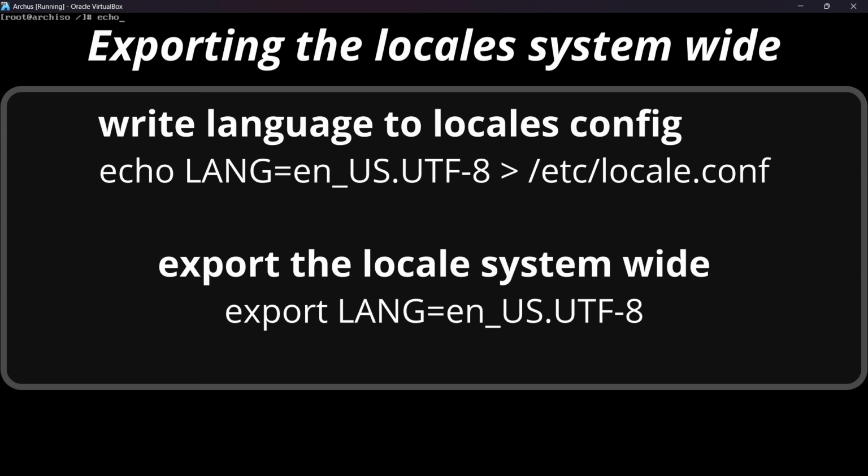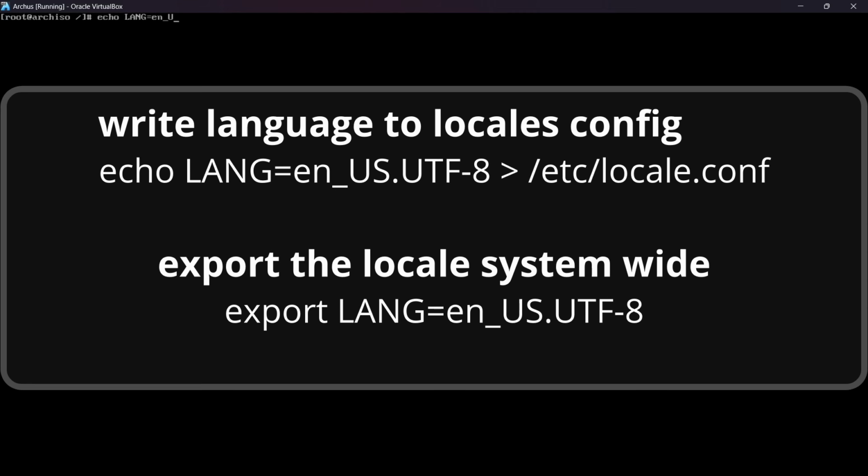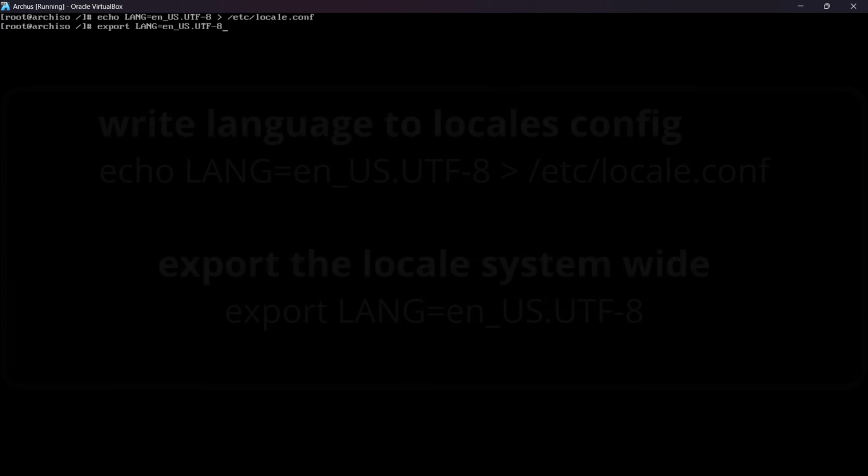And we want to type echo LANG=en_US.UTF-8 and override it to /etc/locale.conf. And we want to export it with export LANG=en_US.UTF-8 to make it global.